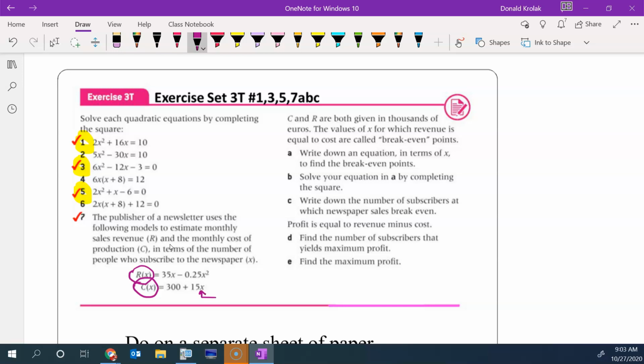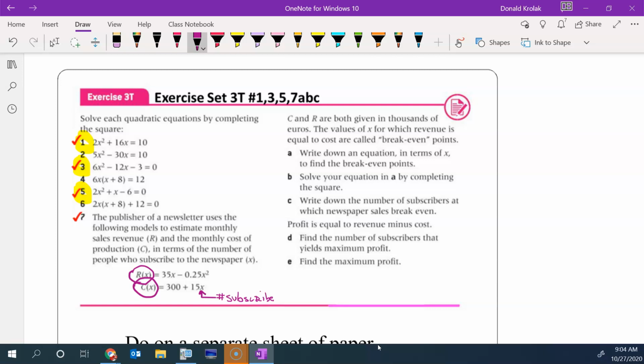So x is the number of subscribers. C and R are both given in thousands of euros. Find the value of x for which the revenue is equal to the cost.